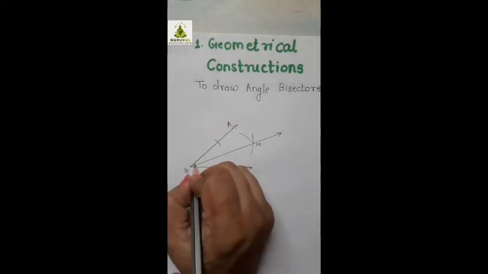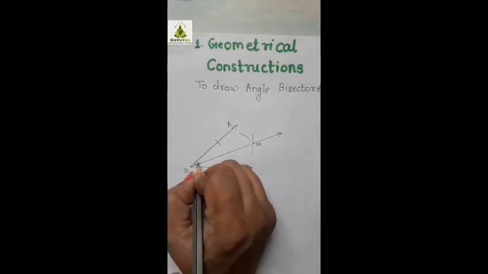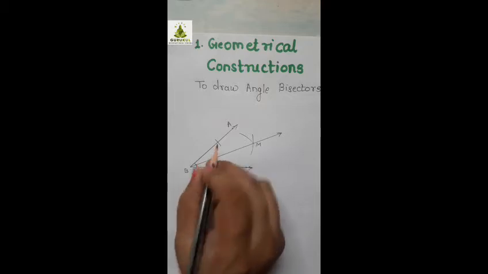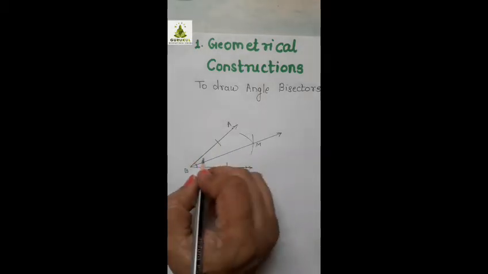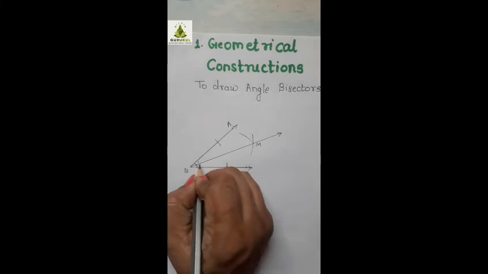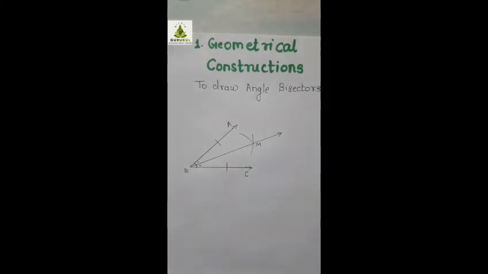So, initially, whatever angle we have drawn, it has been divided into two equal halves. You practice again and again for the same method, and in practice set 1, question number 2 is given where you have to draw the angles of particular measures and draw the angle bisectors.